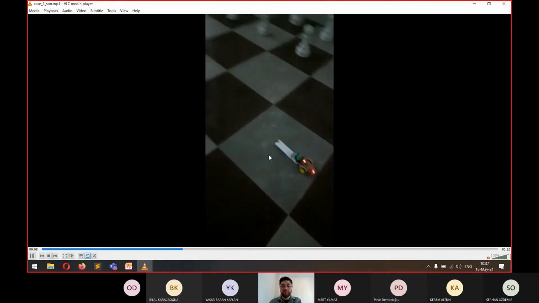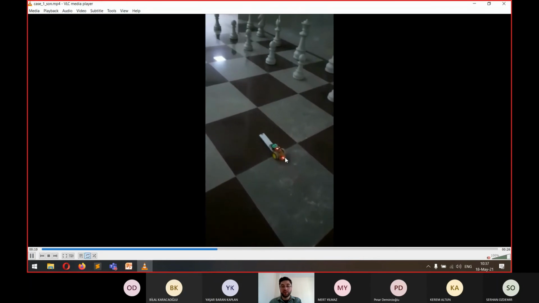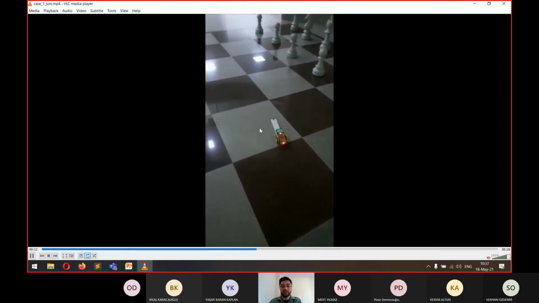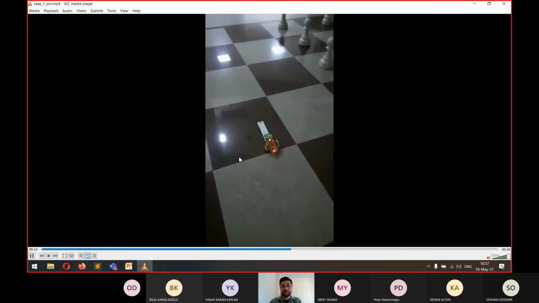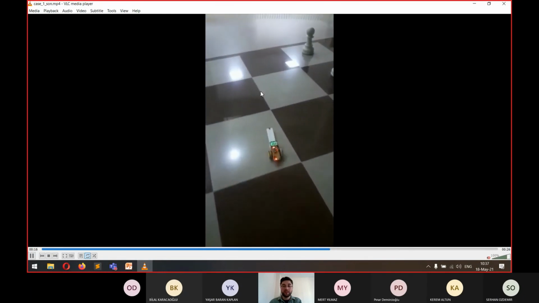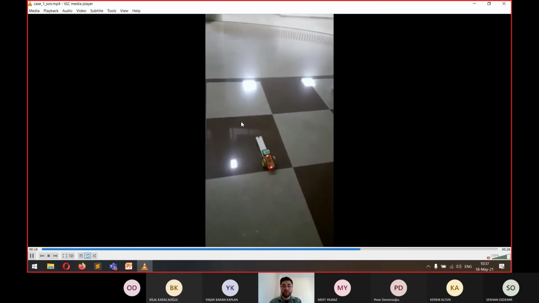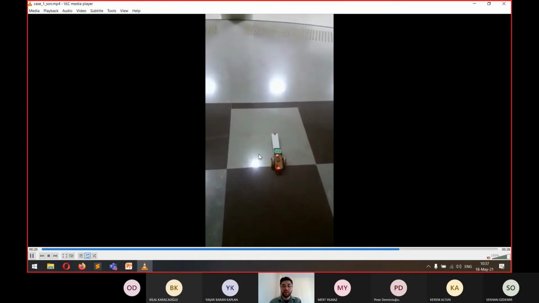Yes, the car follows a given magnetic course and corrects its course when it goes off course. But when it comes to the edge of the chessboard, it is distracted from its course, as you see.